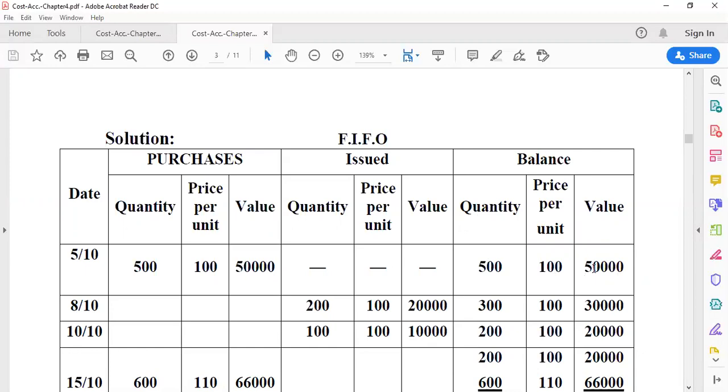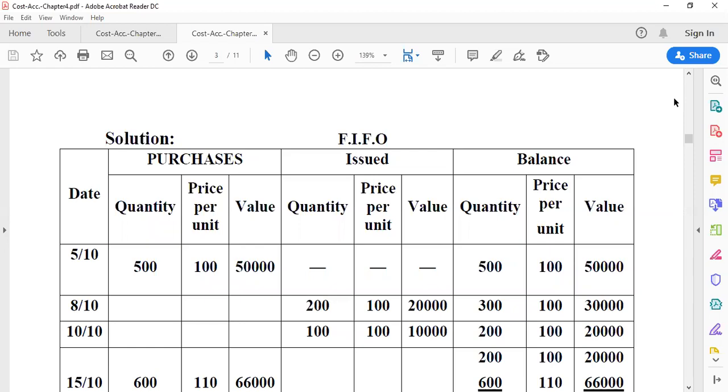After that, you look at the balance. At the end of the day, you will have in your balance the same units. You have 500 units with price per unit 100, so the value is 50,000 Egyptian pounds. Okay, dears? Do you understand? Yes, Doctor. Understood.